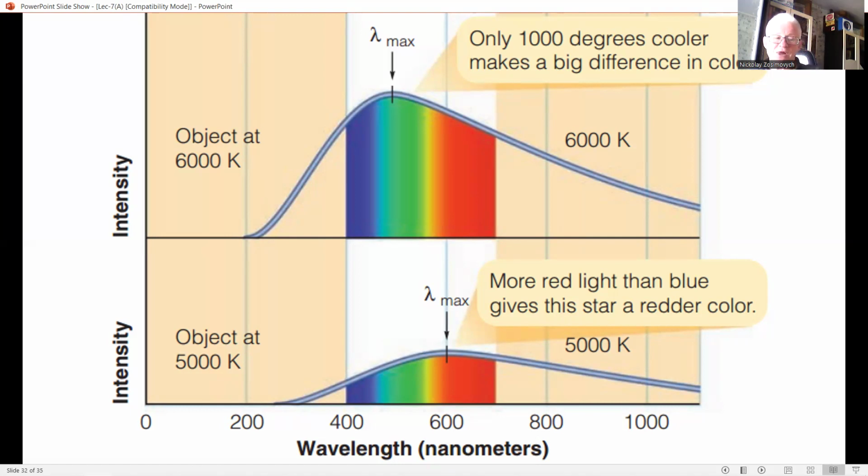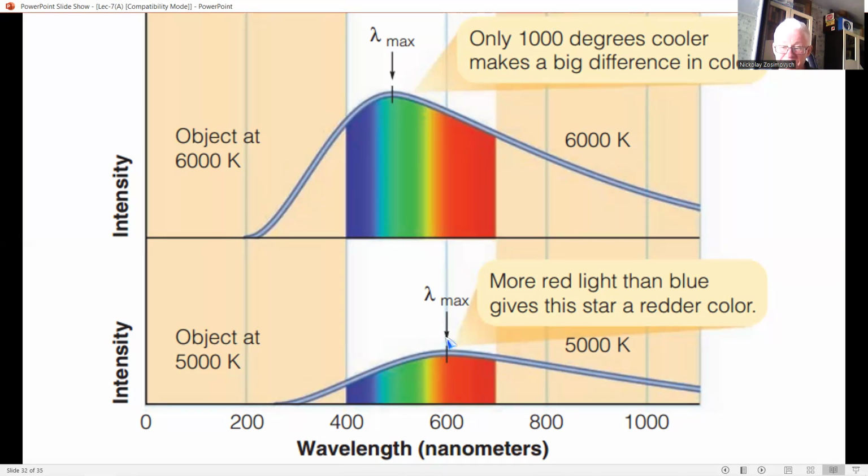The figure shows how temperature determines the color of a glowing black body. The hotter object emits more blue light than red, and thus looks blue. And the cooler object emits more red than blue and consequently looks red. Here, that looks more blue because it emits more blue.